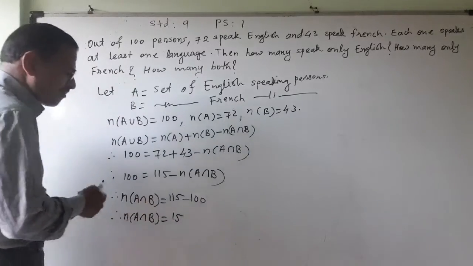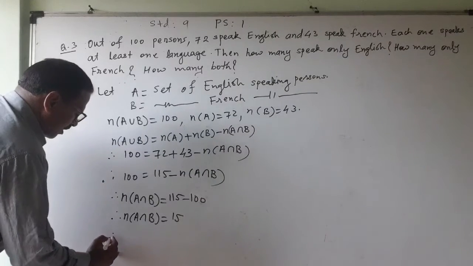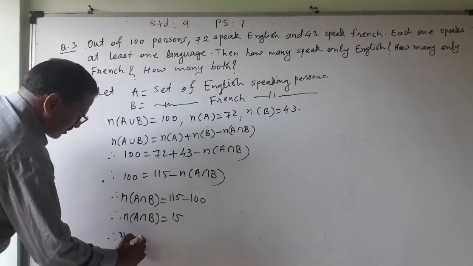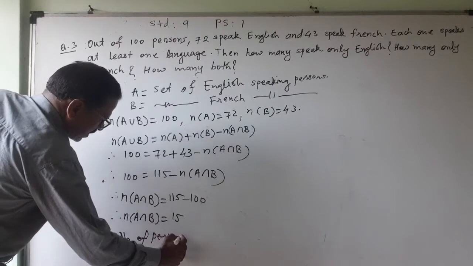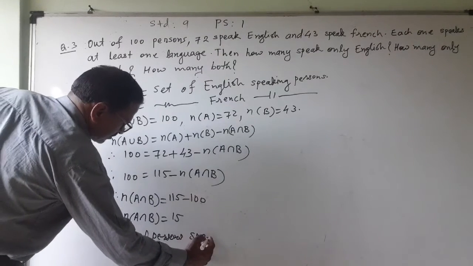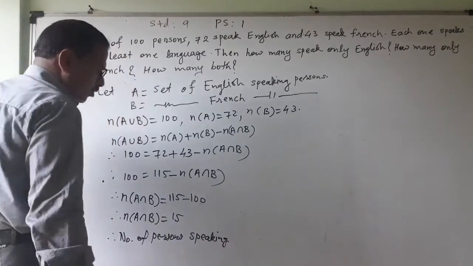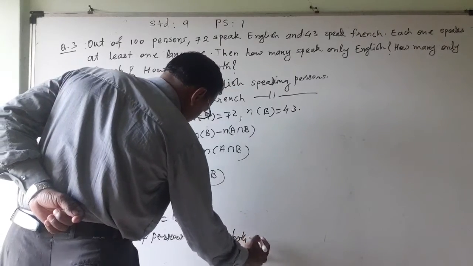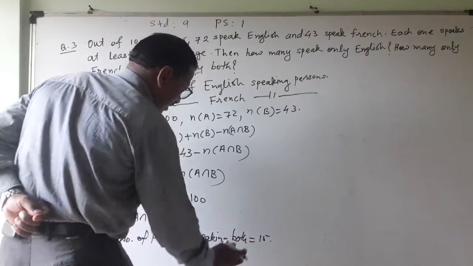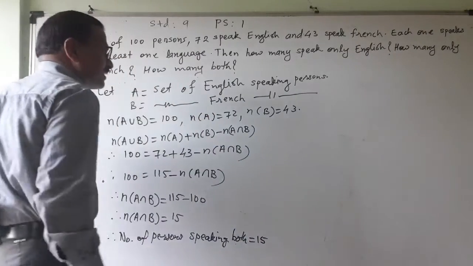These are the 15 people who are speaking both the languages. Therefore, number of persons speaking both languages is equal to 15. I am using the shortcut because the space is less.